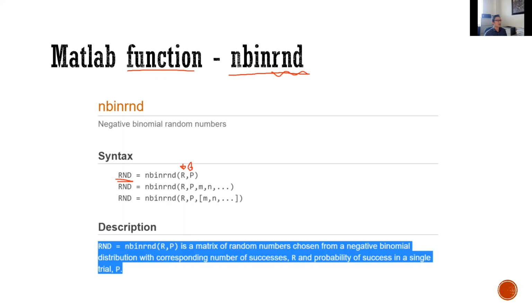The random number will be an integer greater than 0. The R variable indicates the corresponding number of successes, and the P is the probability of success in a single trial.